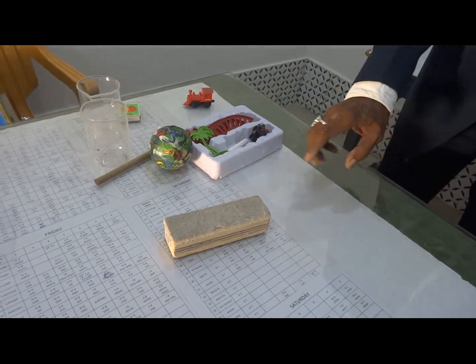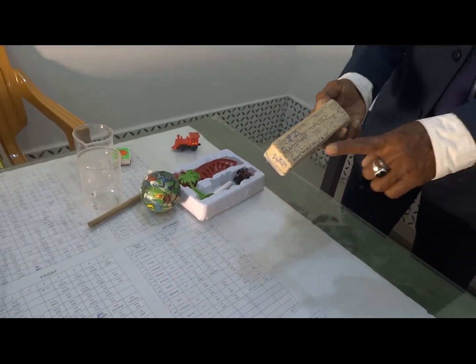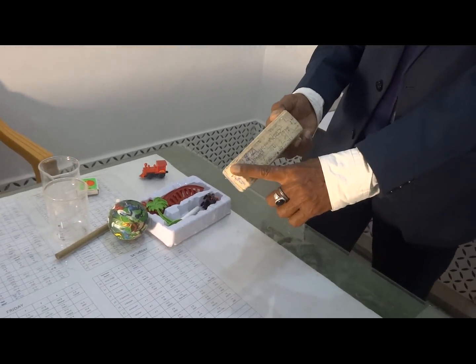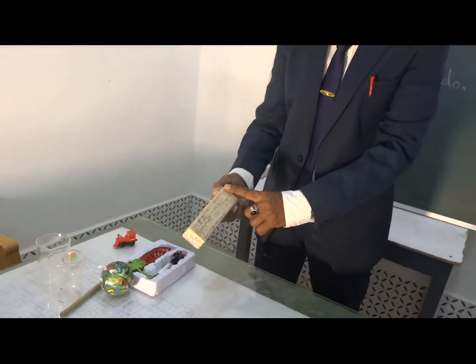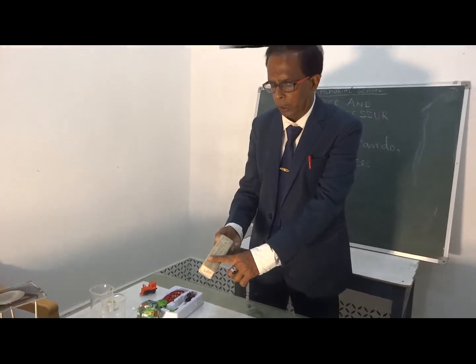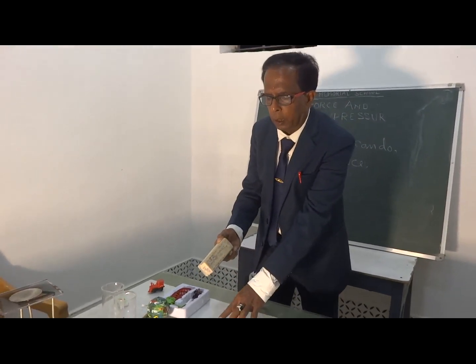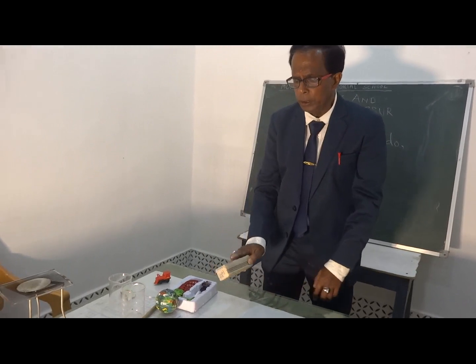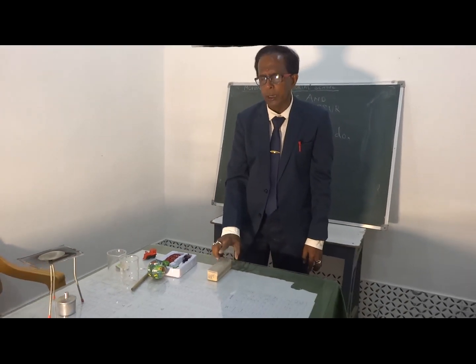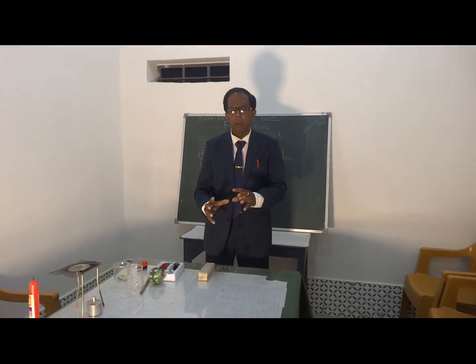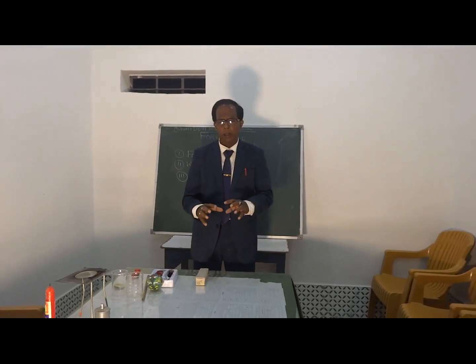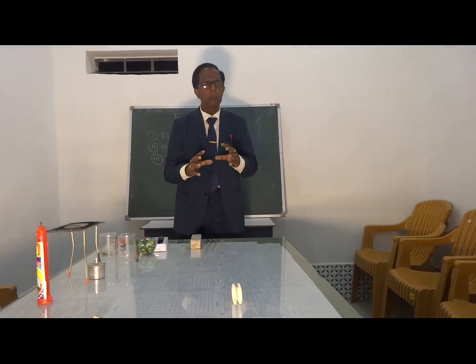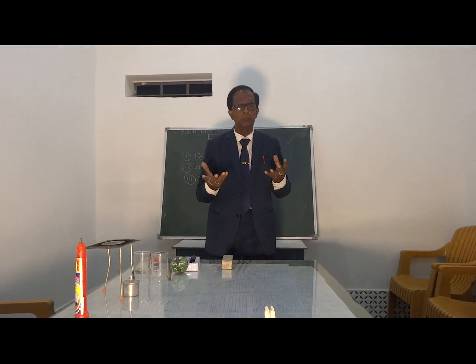Why? Because a frictional force is developed between the surface of the duster and the surface of the table. In this way, we understand what frictional force is and how it acts, and it is a contact force.